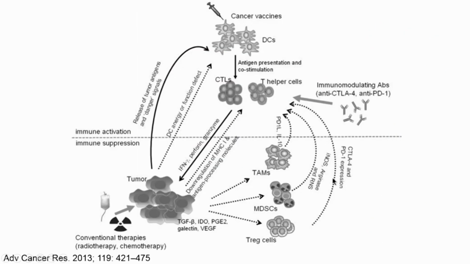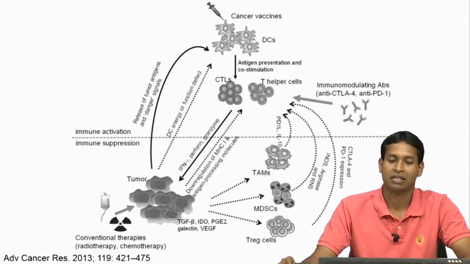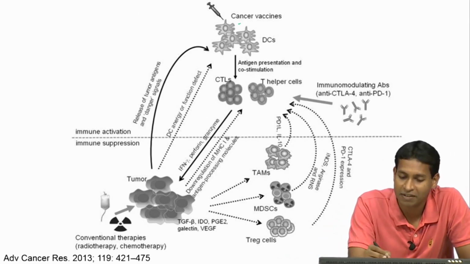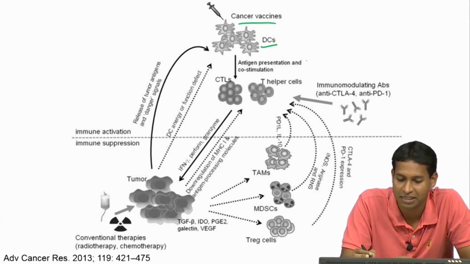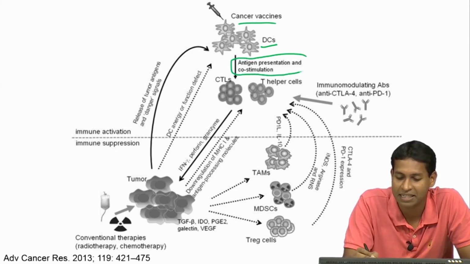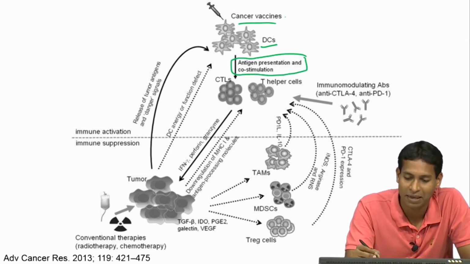So, here is what ideally we would like to have in cancer vaccines. You give these cancer vaccines to dendritic cells or macrophages, which are antigen presenting cells. They get activated against the antigen, probably along with some co-stimulatory molecule.